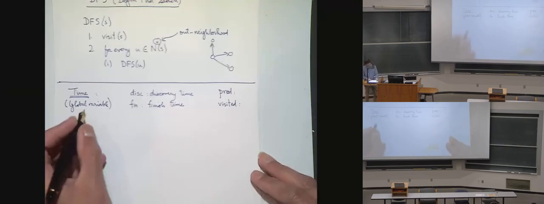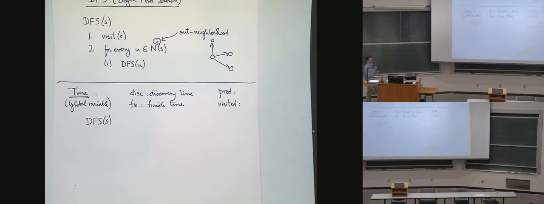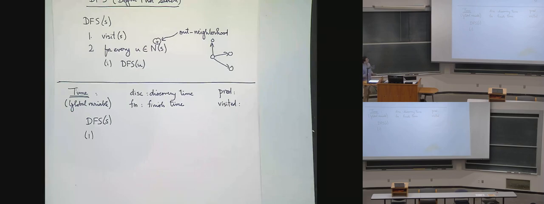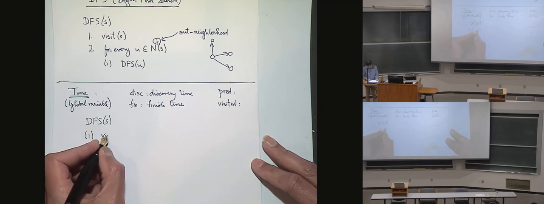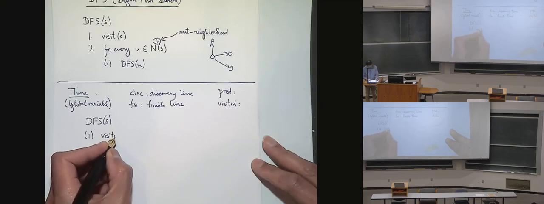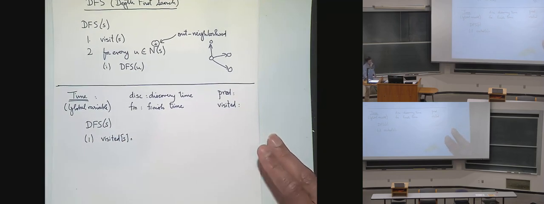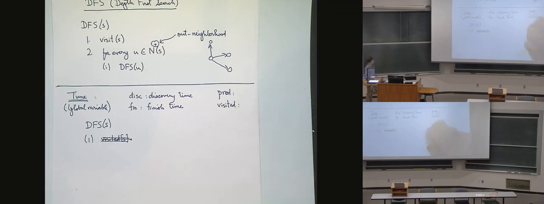So now let me give you the code for DFS of S. DFS S is starting from some source. The first thing you do is set visited of S, well, maybe I don't even need to do that.